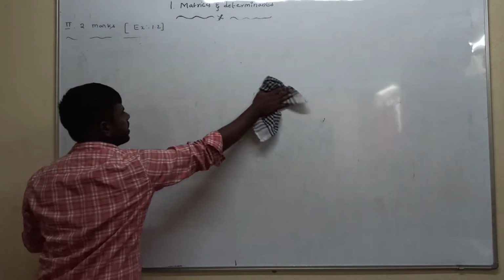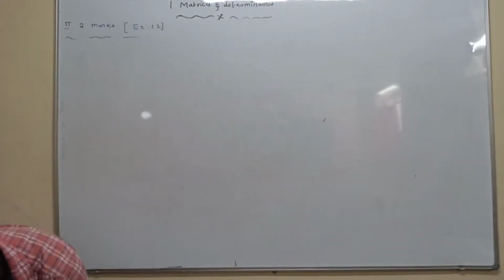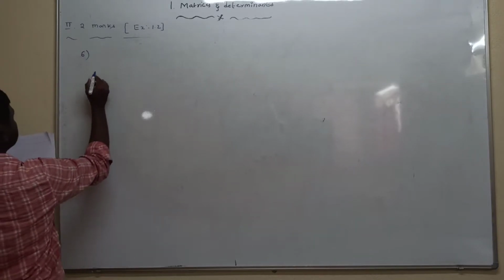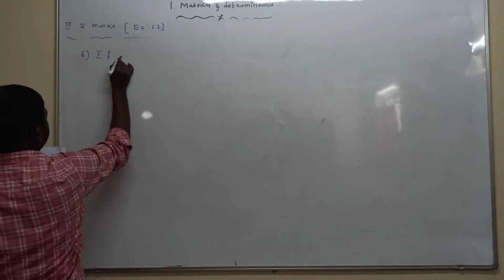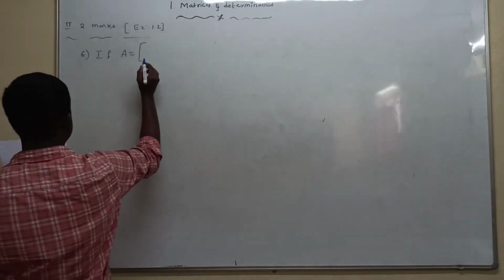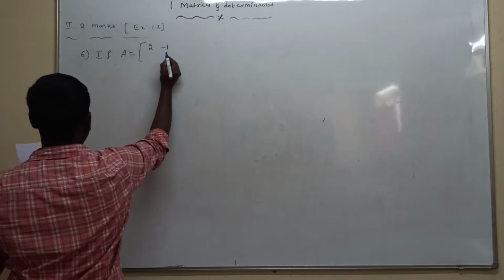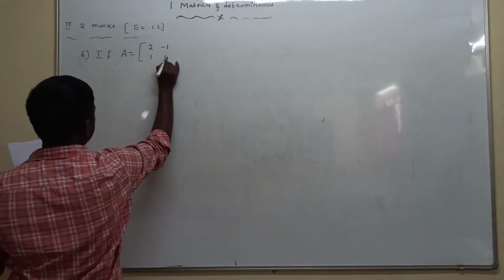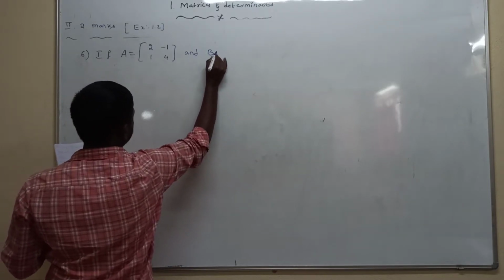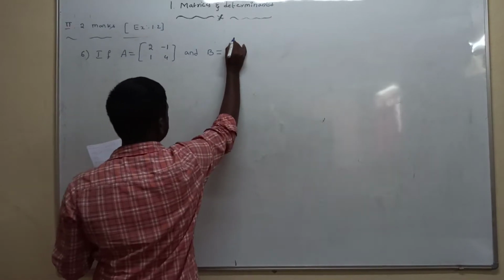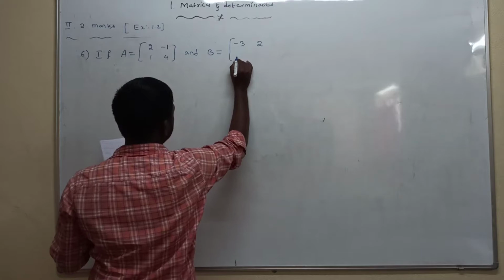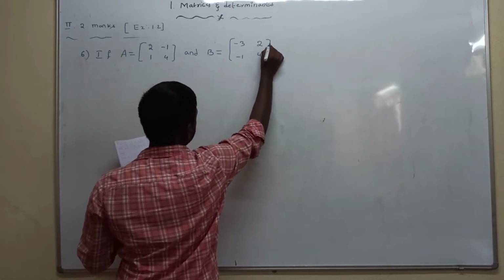See the question number 6. If capital A is equal to [[2, -1],[1, 4]] and B is equal to [[-3, 2],[-1, 4]].